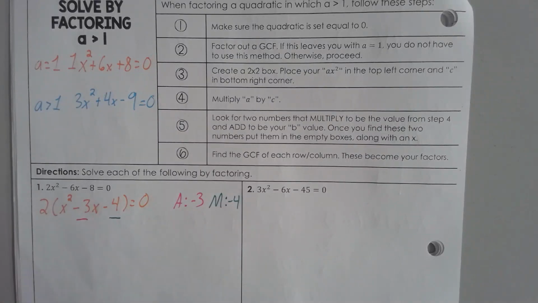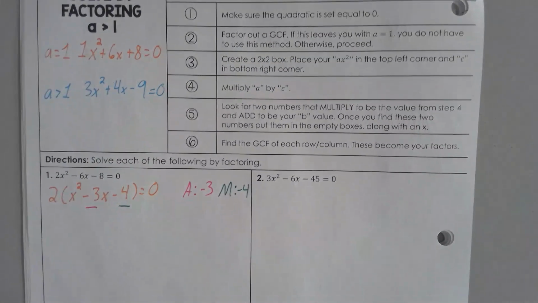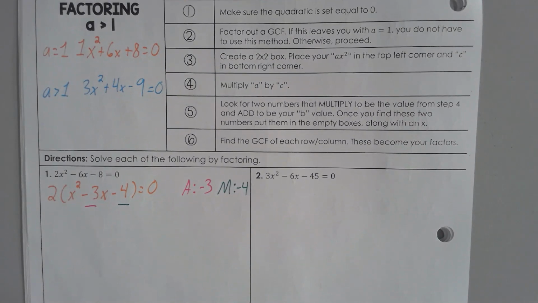So who can tell me what two numbers that would be? Multiplies to be negative 4. So we know one of our numbers is going to be positive and the other one's going to be negative.